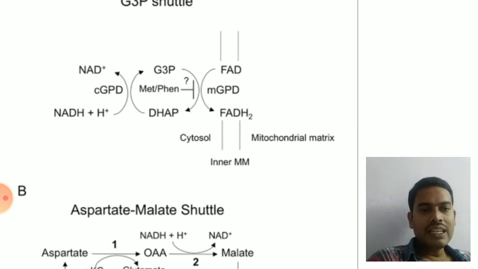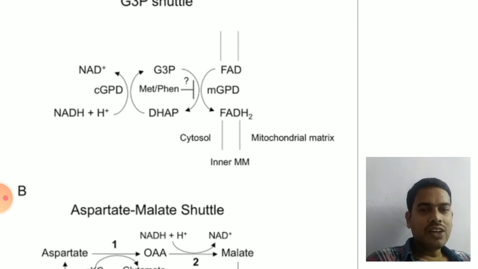Now another glycerol 3-phosphate dehydrogenase is present, called the mitochondrial inner membrane glycerol 3-phosphate dehydrogenase. It utilizes FAD and converts glycerol 3-phosphate back to dihydroxyacetone phosphate, and the hydrogens present on glycerol 3-phosphate are transferred onto FAD, converting FAD to FADH2. Now this FADH2 will enter the electron transport chain via complex number 2.